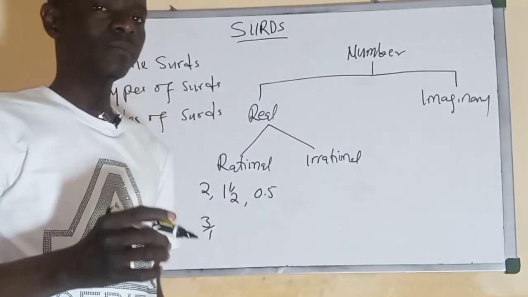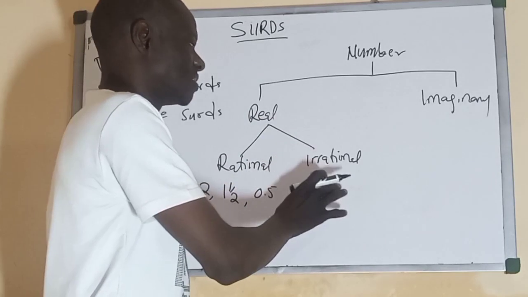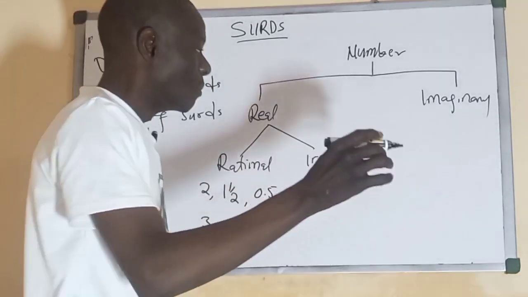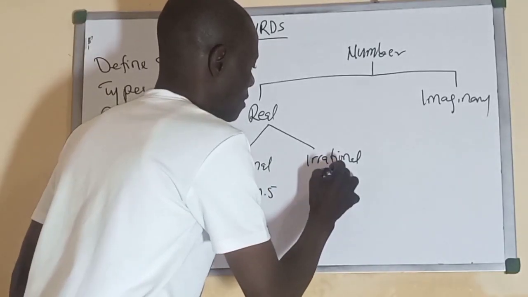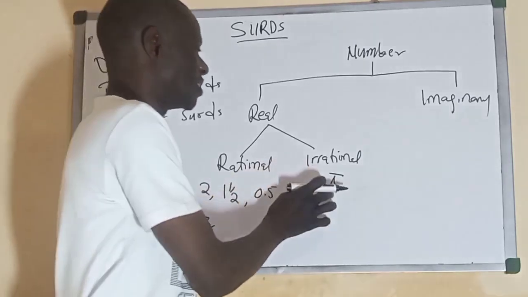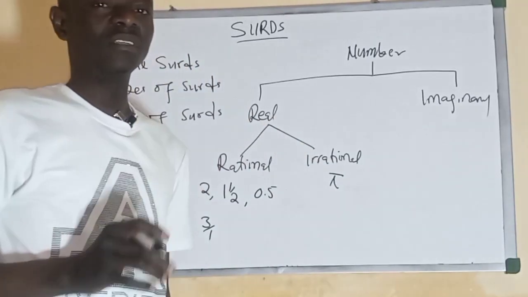Irrational numbers are those numbers that cannot be expressed as a ratio. For instance, we have pi. Pi is an example of an irrational number, but not a surd.